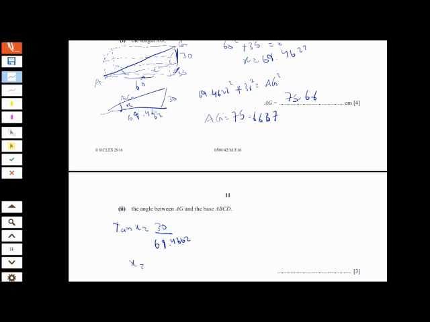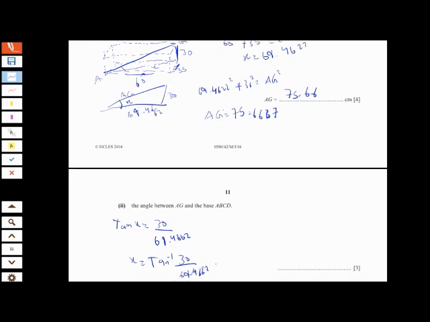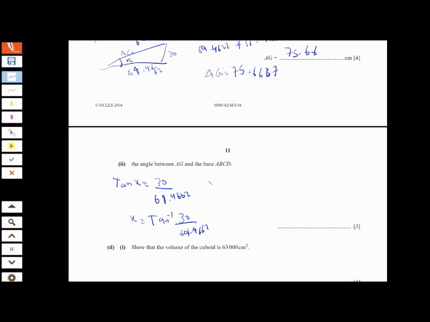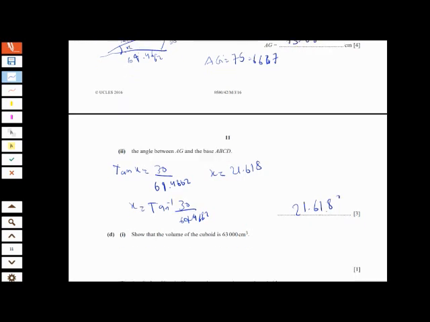And so we take tan to the other side: x equals tan inverse of 30 over 69.4662. Key that in your calculator, and you'll get x equals 21.618. Don't forget the sign, which is degrees.